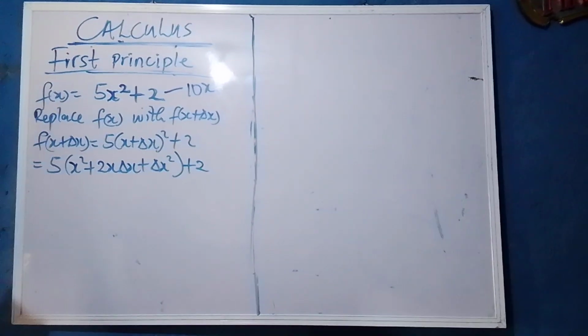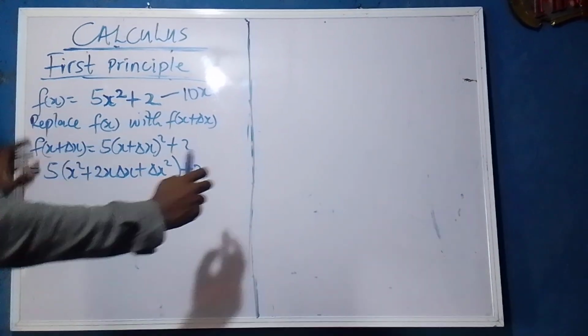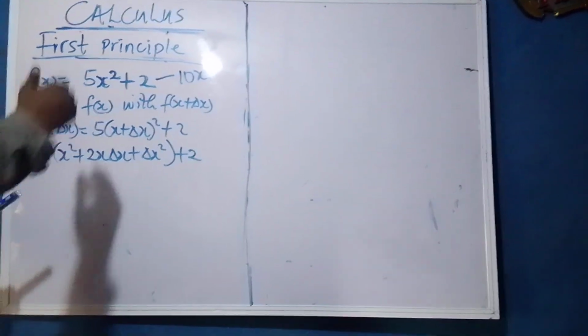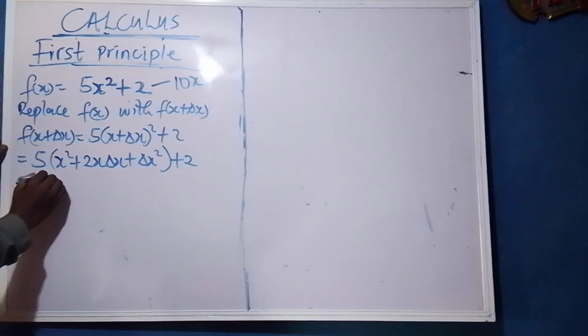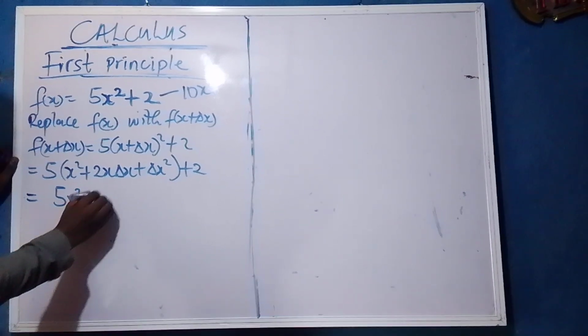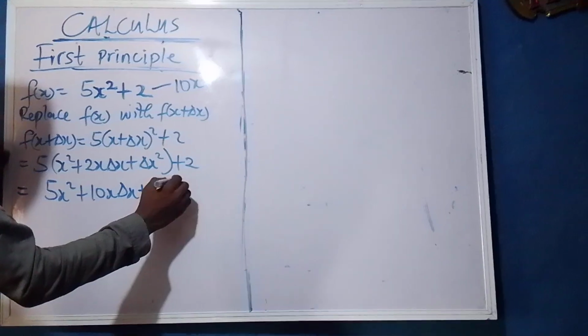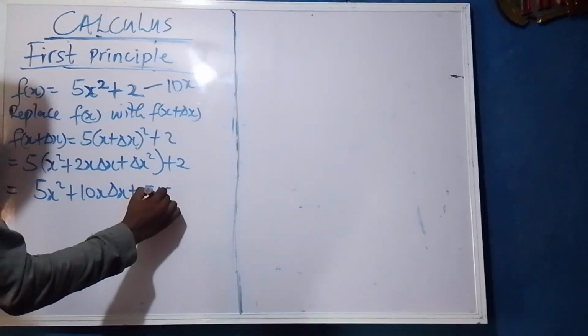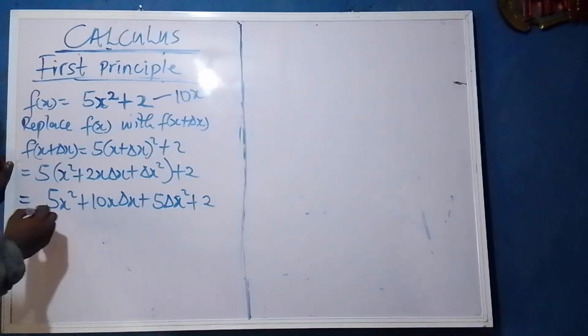So I don't want to stress us by doing the expansion and simplifying again, because you've already done that in the initial problem. So that will be 5x squared plus 10x dx plus 5 dx squared, and then plus 2.